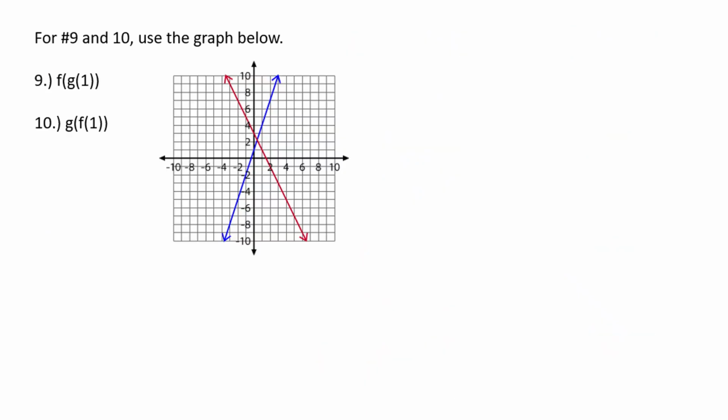Okay, and lastly, numbers 9 and 10, use the graph below. And remember that F is blue, and I think I did remember to type that onto the slide, and G is red. So we have F of G of 1, number 9. So on the graph, we got 1.